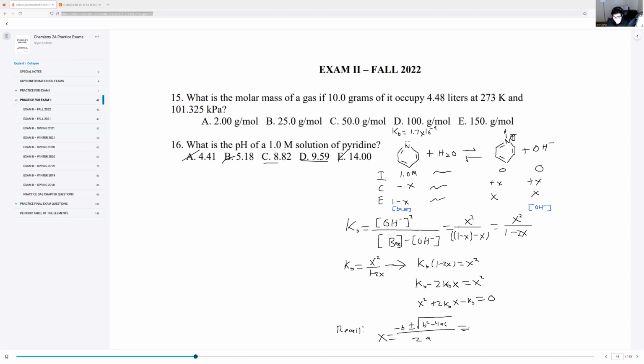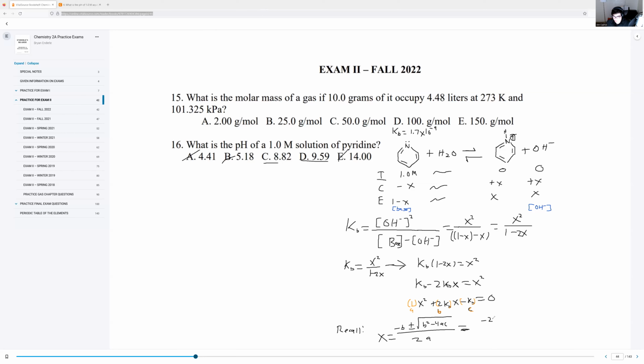Now, this is b, this is c. Let me do a different color here. So that's b, that's c, that is a. Now what you do here is just plug everything in.